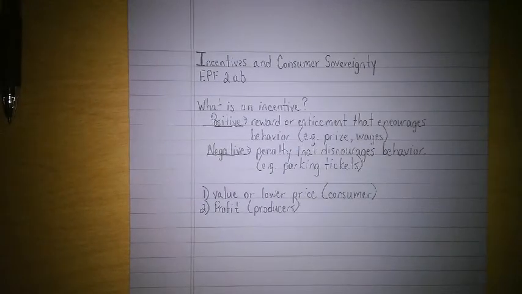So if they offer you an incentive to buy something, do you think they're losing money? No, nobody's losing money. So profit is an incentive for producers. Okay? So now we got how consumers and producers respond to incentives.